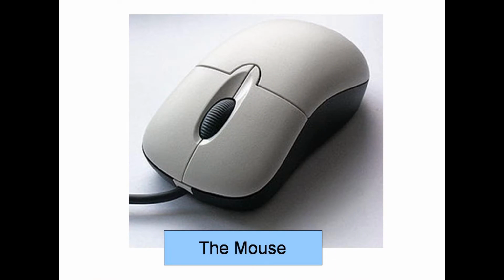Now on this next slide, we have a couple buttons on top that will enable you to make selections, for the machine to respond to, to open a file, or to open a program, or play music, or whatever you wish to do on your computer.